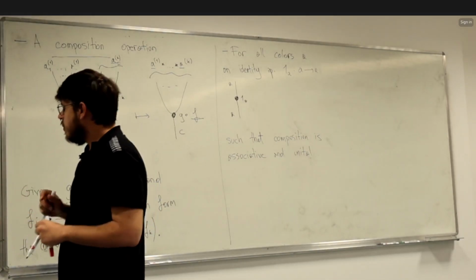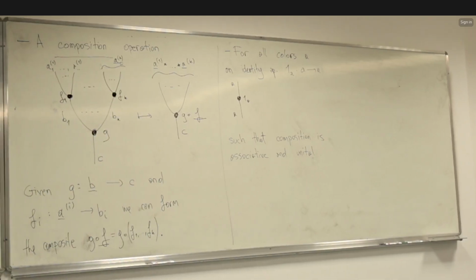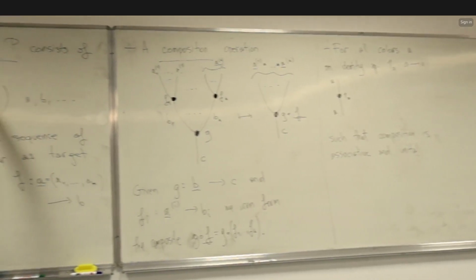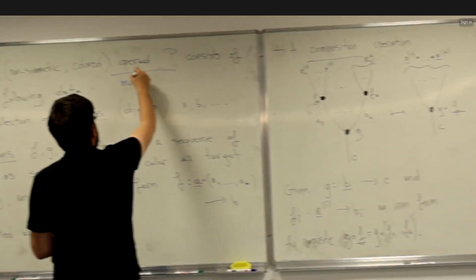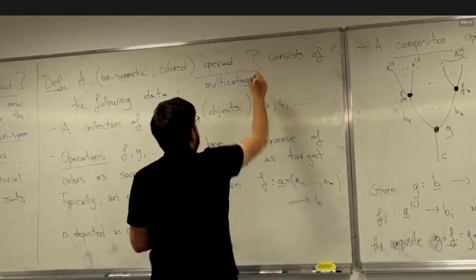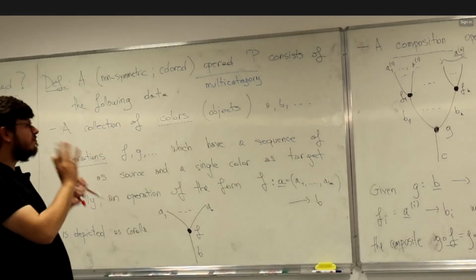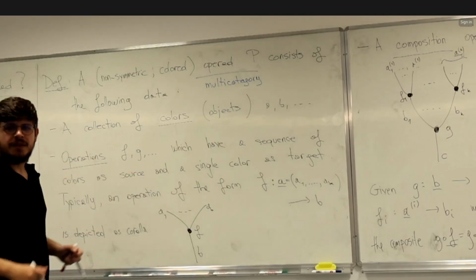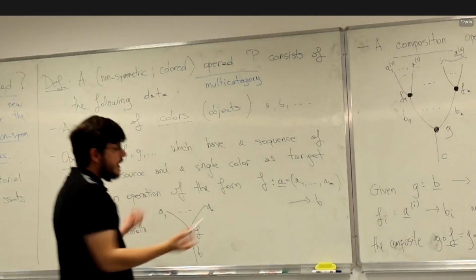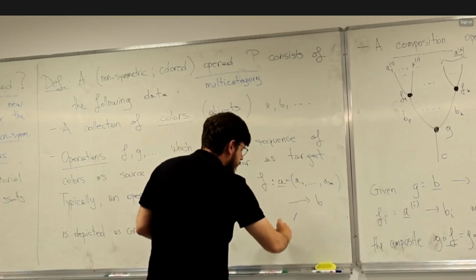Sometimes in the literature, for this specific type of object, you will see the term multi-category. Many people have preferred this term, although operad is the dominating term. So we can call these A bar to B multimorphisms.